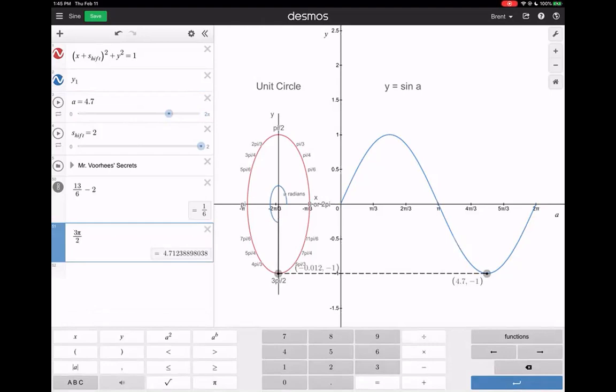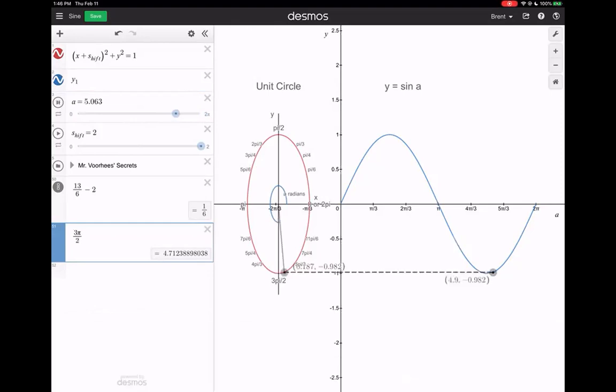So this is connecting the unit circle to sine. Pretty neat, isn't it? Let me just press play here. You can see all the values as they work themselves out. The y's would always be the same. If you could follow that point as quickly as it's moving, the y values are always equal to one another. Pretty neat, isn't it? Please say yes. I spent a lot of time working on this.